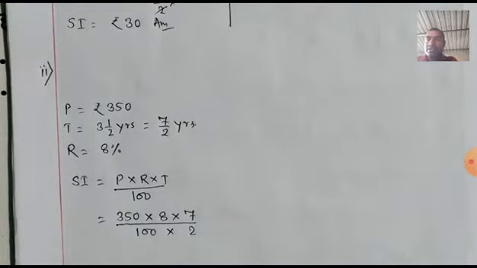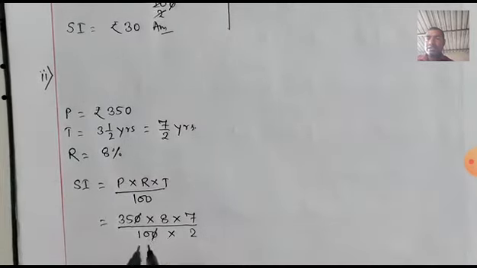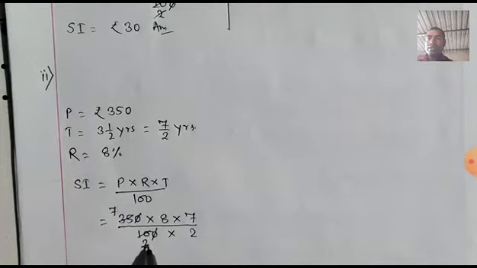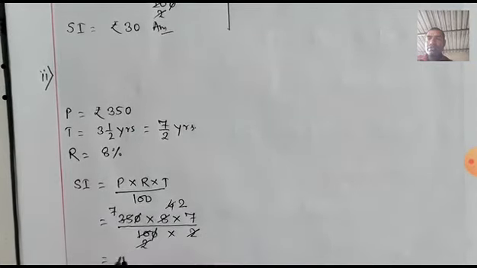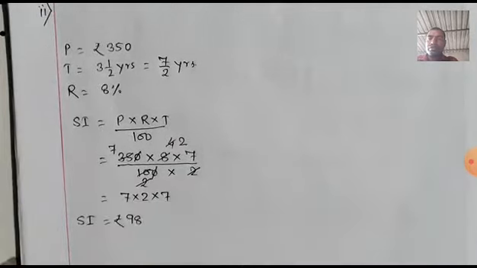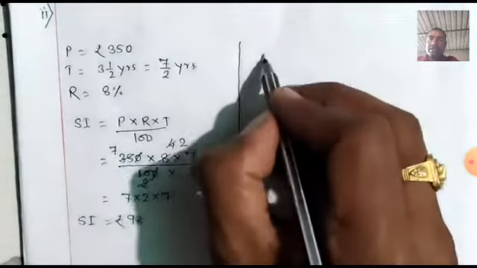The sign of multiplication is there. Then we can do the calculation. The zeros get cancelled. Then 5 7s and 5 2s, 2 1s, 2 4s, then 2 1s, 2 2s. So what remains is 7 multiplied by 2 multiplied by 7. So SI is equal to 7 7s are 49, 49 into 2, which will be 98 rupees. So SI is equal to 98.